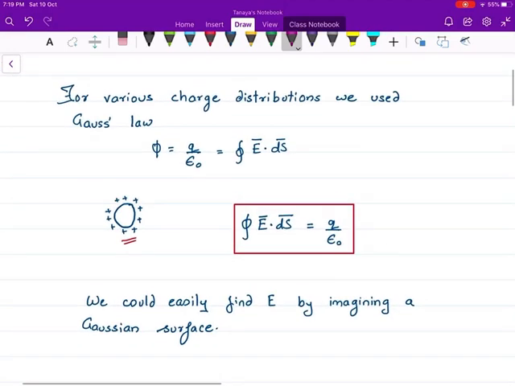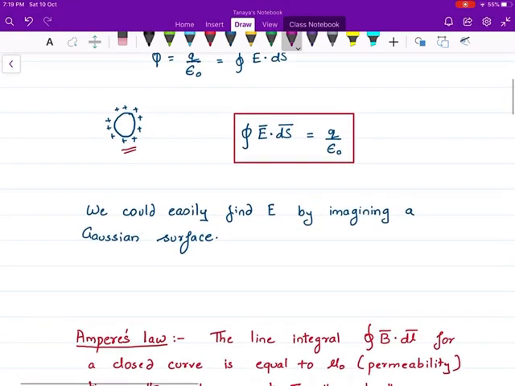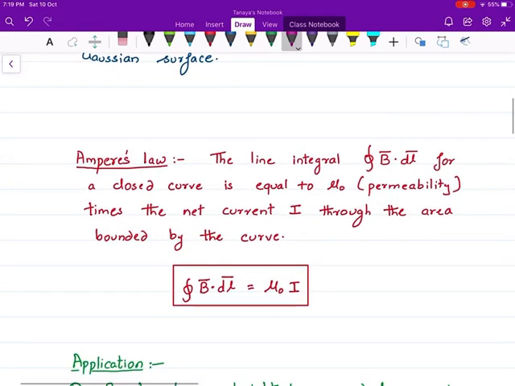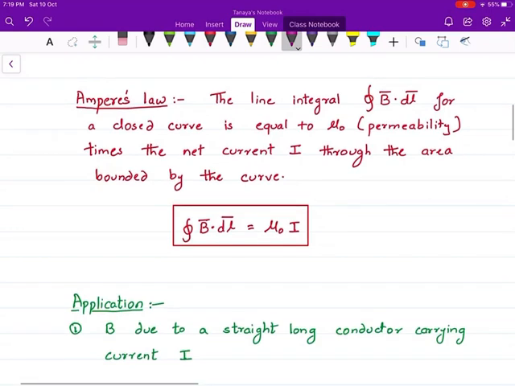So as you have seen, there is a correlation between electrostatics and magnetism. Just like that, we have Ampere's law to find the magnetic field intensity at any given point due to a distribution of currents.